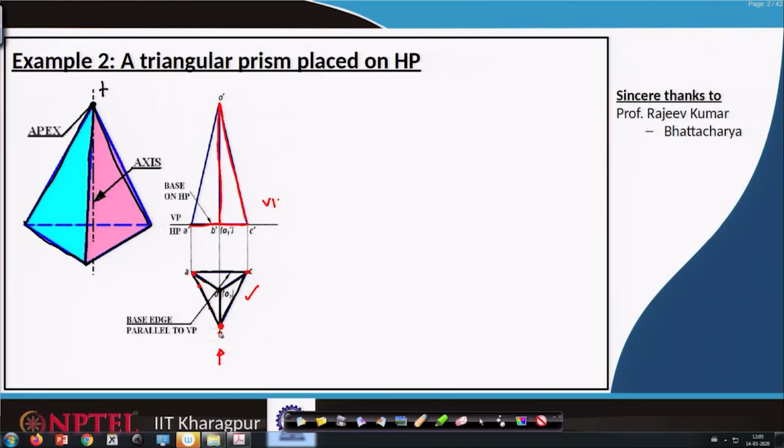Similarly, this entire surface maps to this entire surface, and we will see another one. Naming is always such that in the top view we have letters without primes, like A, B, C. In the front view we always have primes: A prime, B prime, C prime and so on.